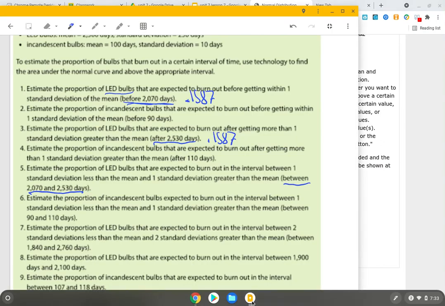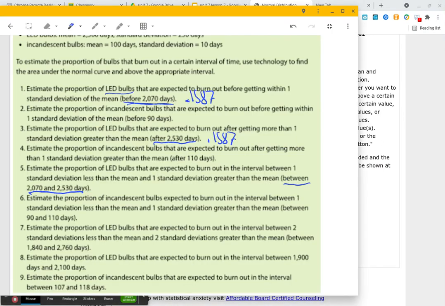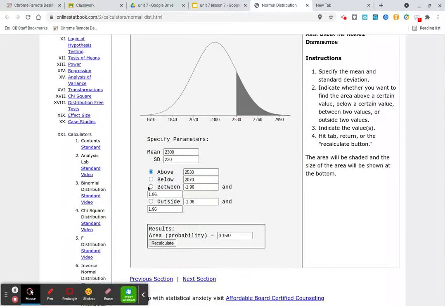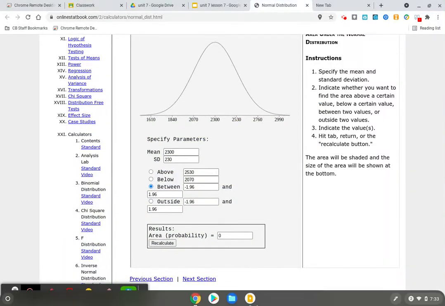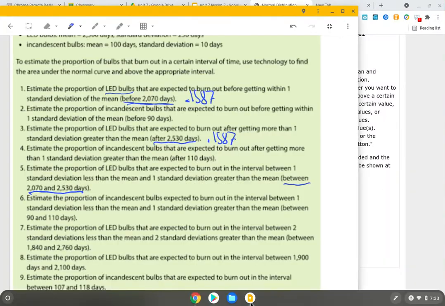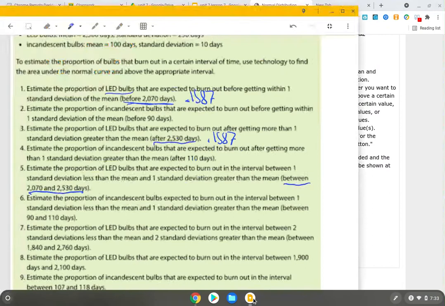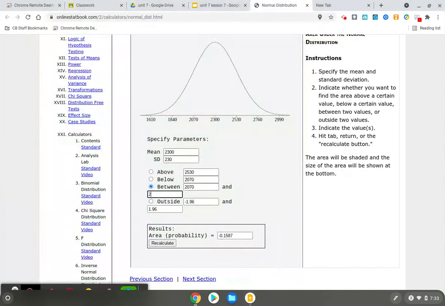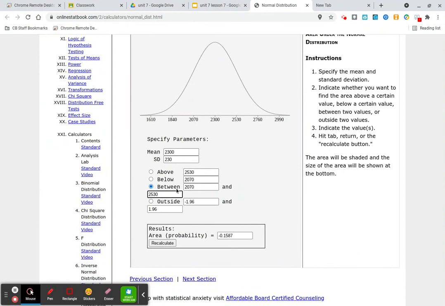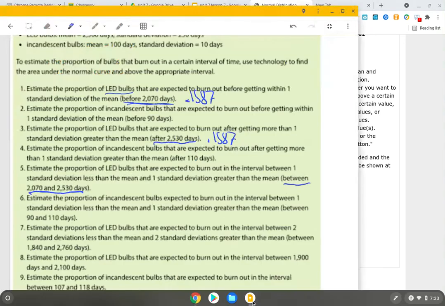But now we want the proportion between. So I'm going to choose between 2070 and 2,530. So between 2070 and 2530, there's our answer, 0.6827.